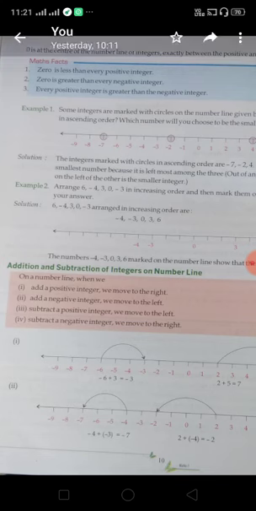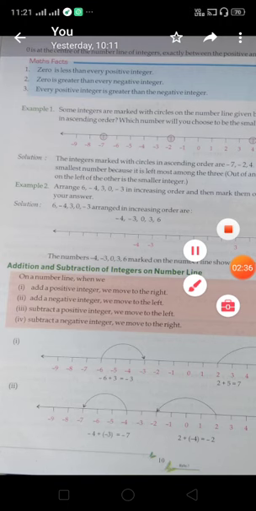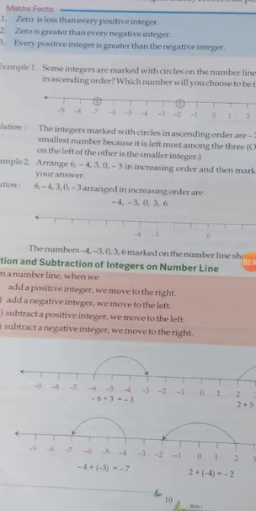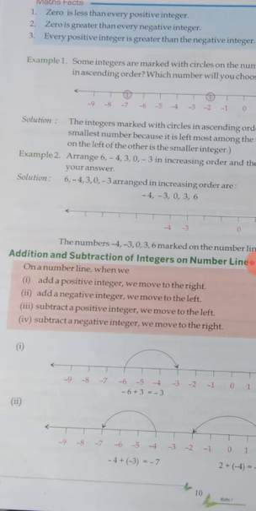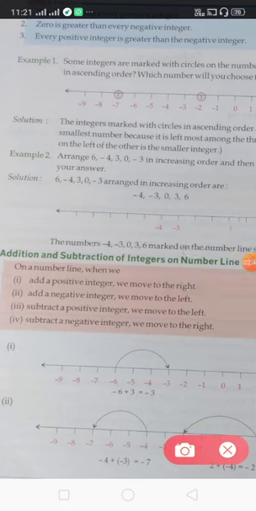Okay, now on the number line, here this question is written: -6 plus 3 equals what? See, -6 and +3. So where is -6 on the number line? It lies here.